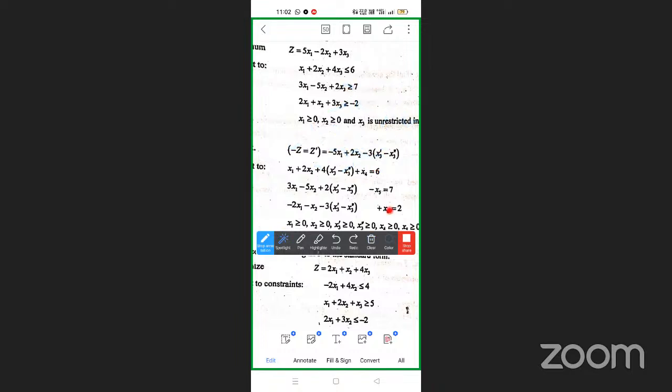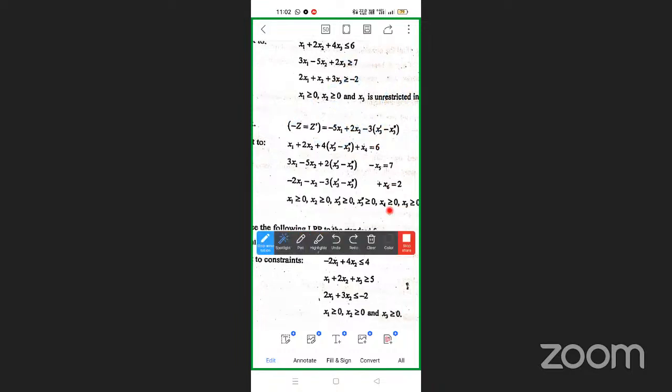Next, the declaration of variables. x1 is greater than or equal to 0 and x2 is greater than or equal to 0. x3 is unrestricted in sign, so in place of x3 we replace x3 dash minus x3 double dash, with x3 dash and x3 double dash greater than or equal to 0.